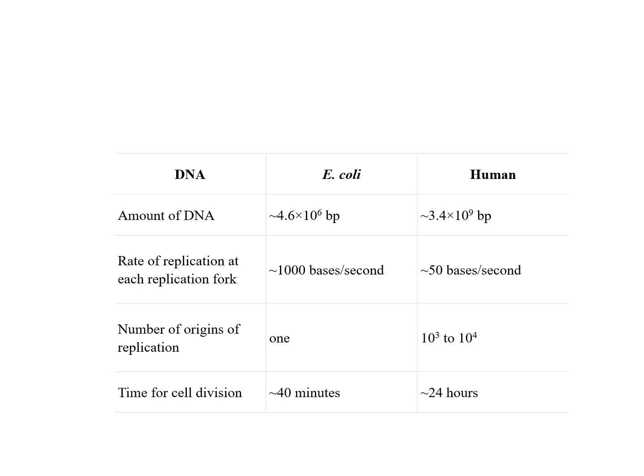That's why the speed is much slower. And because the speed is slow and the size is big, there are thousands of origins of replication so that they can perform the replication all at once. And the time for cell division is about 24 hours.